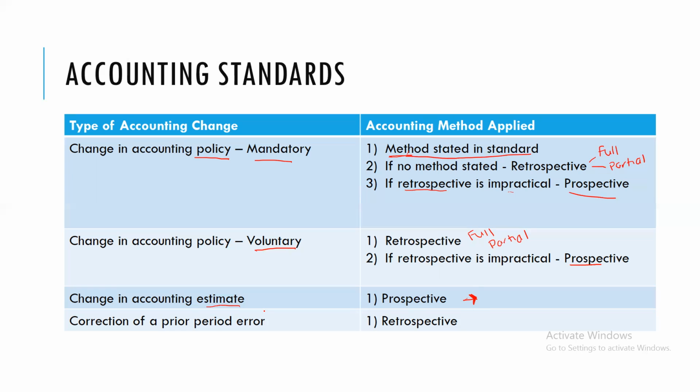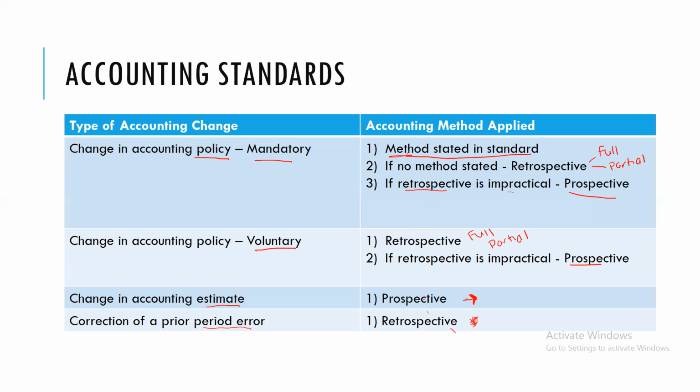If there is a correction of a prior period error, what the accounting standards say is do retrospective. IFRS doesn't really give you an option to do prospective, but I think ASPE says that if that's not practical, then do prospective.